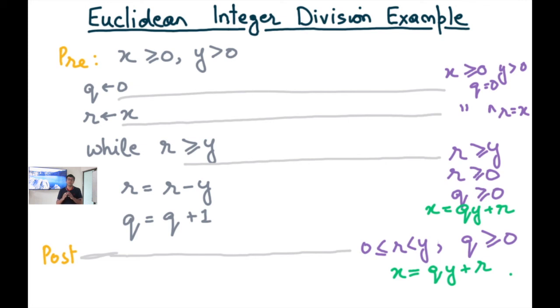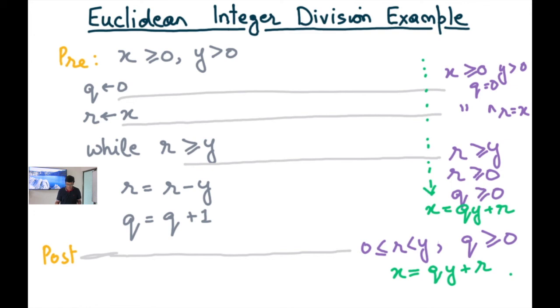In other words, identifying the correct abstraction for my program at different program points is important, because if I identify an abstraction that's too loose or an invariant that is too weak, then that does not allow me to prove my desired postcondition, in this case X equals QY plus R. But the moment I strengthen it appropriately, then I'm able to identify the corresponding proof for that required postcondition.